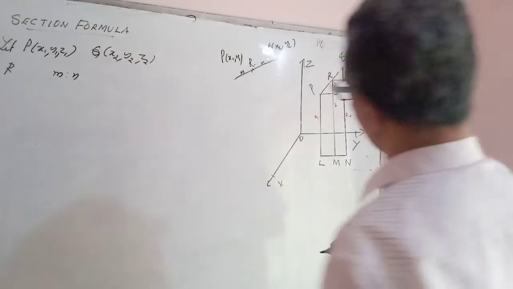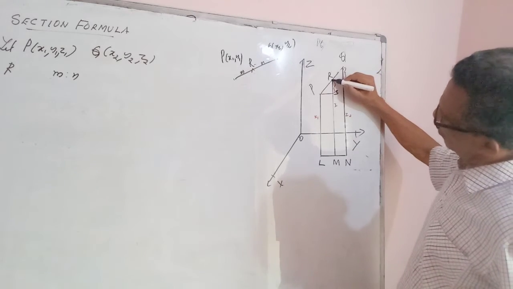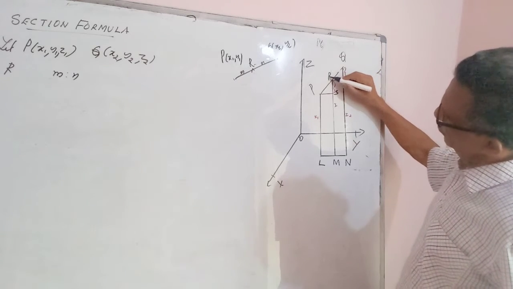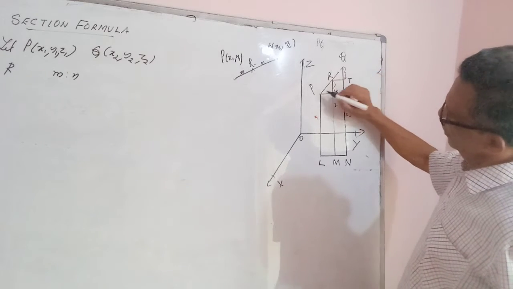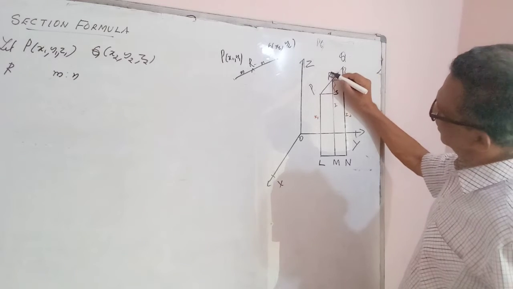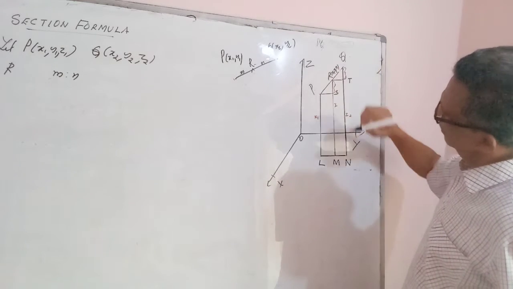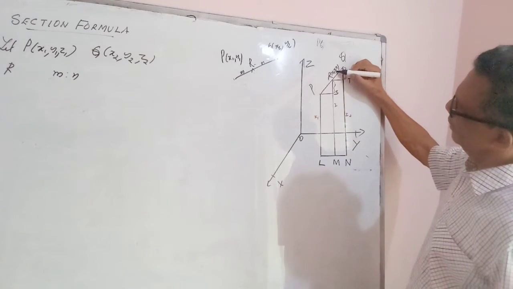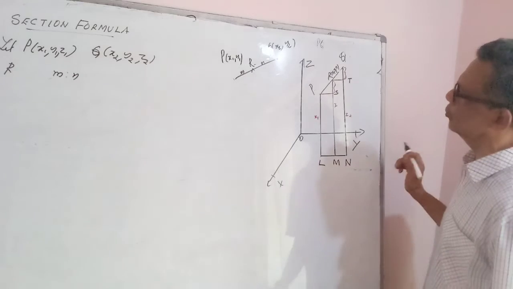Internally, first of all, we can find the coordinates of R. If R is the internal divisor of PQ, with P as (x1, y1, z1) and Q as (x2, y2, z2), let us consider R as (x, y, z). We have to find the values of x, y, z using x1, y1, z1 and x2, y2, z2.